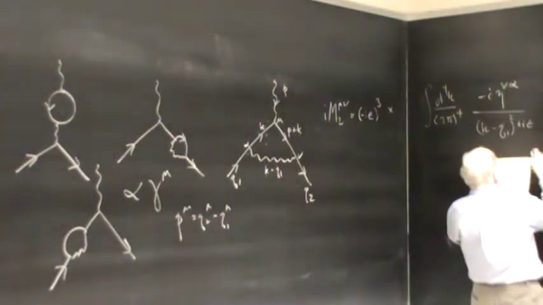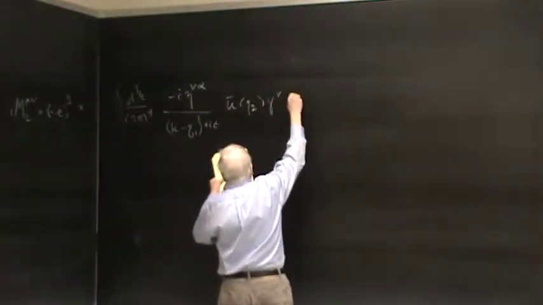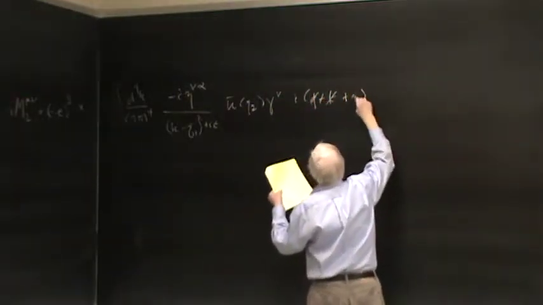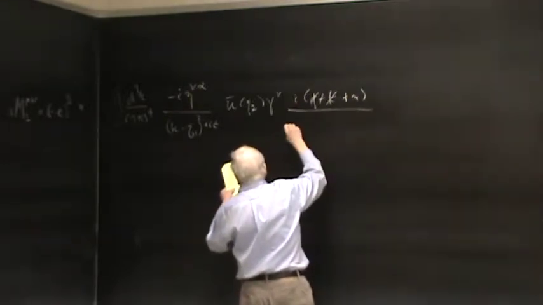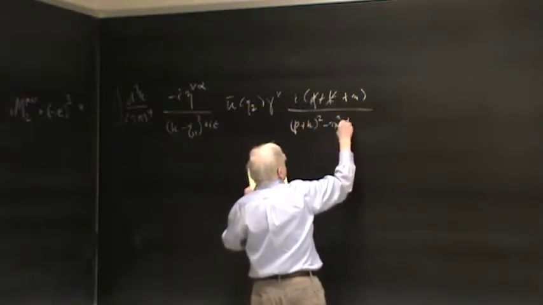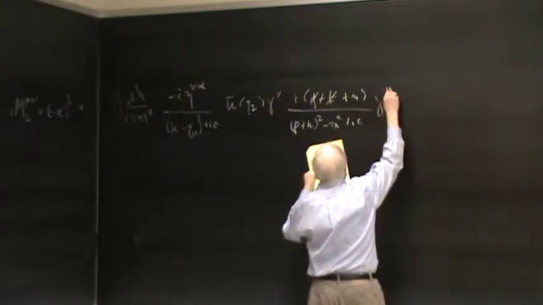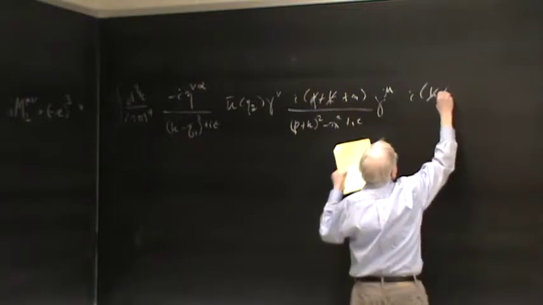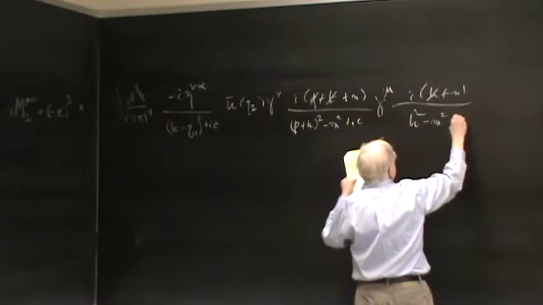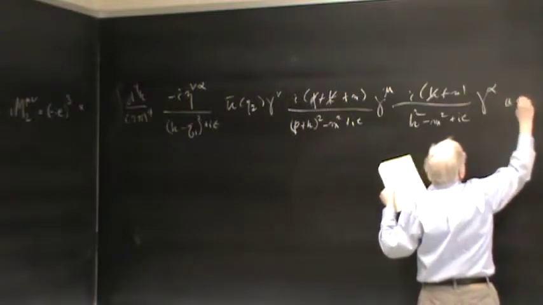Okay, so here's the way it looks. It's u bar of q2, gamma nu, i (p slash plus k slash plus m) over (p plus k) squared minus m squared plus i epsilon, gamma mu, i (k slash plus m) over k squared minus m squared plus i epsilon, gamma alpha, u of q1.